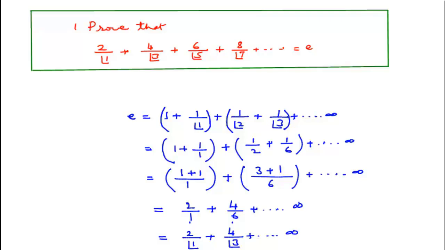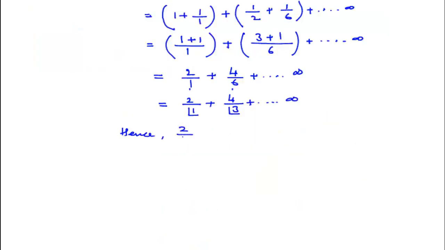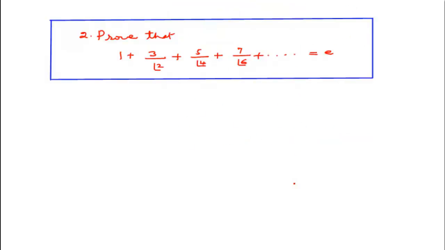So hence 2 upon factorial 1 plus 4 upon factorial 3 plus 6 upon factorial 5 plus 8 upon factorial 7 and so on up to infinity is equal to E. Hence proved.